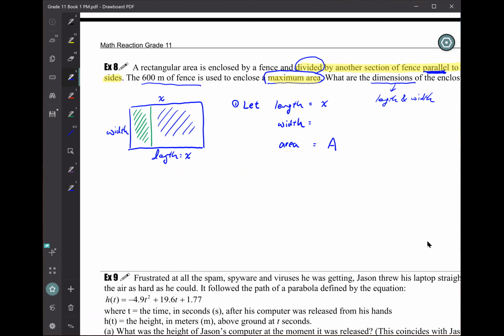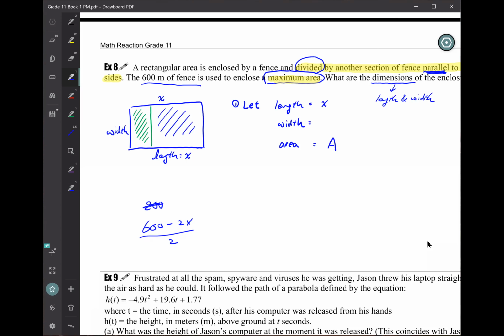Is it 600 minus 2x, divided by 2? Okay. Can you tell us why you think it's like this? What's the 2x? What's the 2 about? There are 2x, like two lengths. Mm-hmm, two lengths. And why do you want to take 600 and subtract 2x?